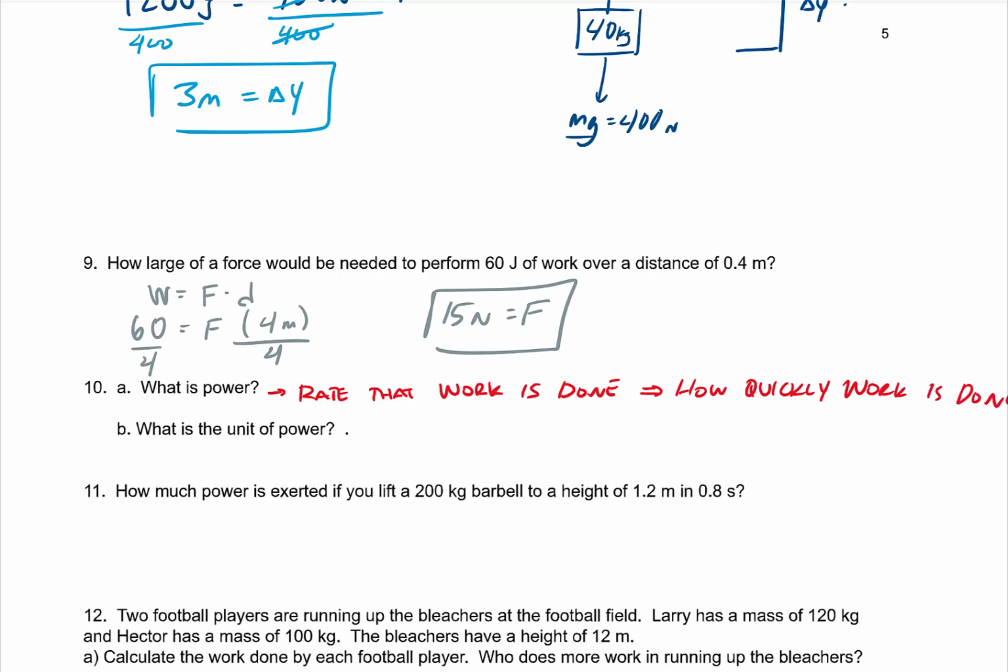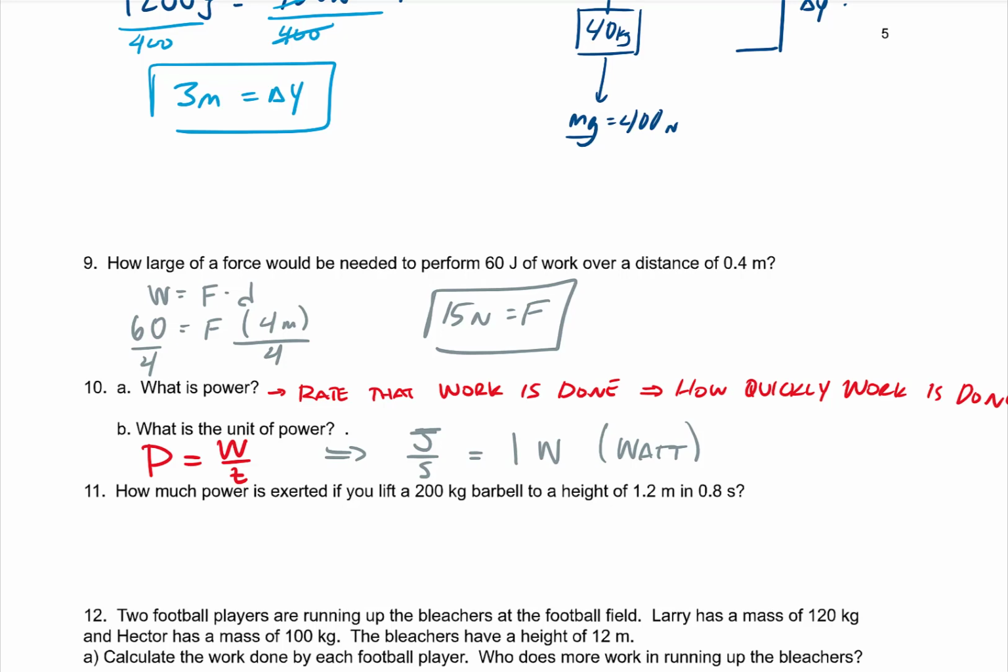So when we're looking at power, power is work over time. So our units for that are going to be work, which is joules, per second. But 1 joule per second is 1 watt. We use a capital W, and it's a watt.